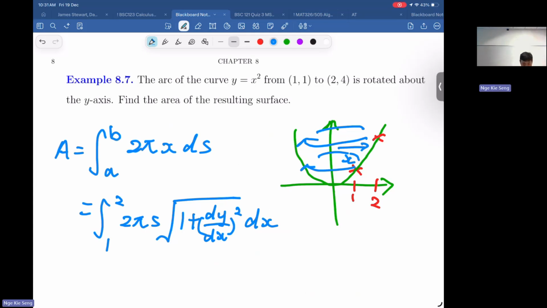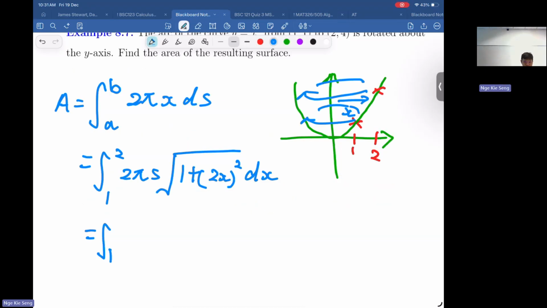Okay, so what's this here? This is just 2x, right? Yeah. Okay, so you get 2 pi of the integral of x times the square root of 1 plus 4x squared dx. So just now we had a hard time integrating the square root of 1 plus 4x squared, right?